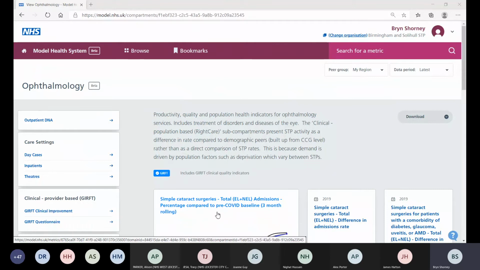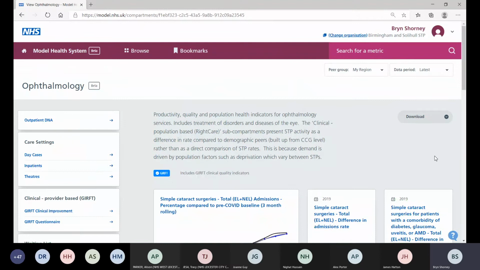I think that might be more helpful than showing you one where we've just got the same set of codes and indicators. We've been doing a lot of work with the GIRFT program, sharing codes, sharing indicators, trying to align where we can, unless there's a good clinical reason why we'd want to be showing something different.